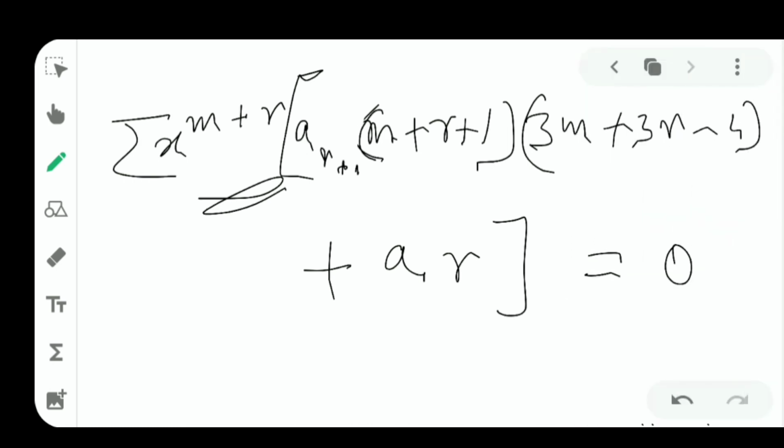I forgot to write a_(r+1); it is a subscript. So now it is okay.